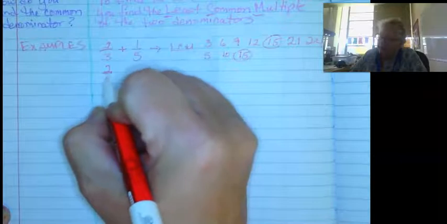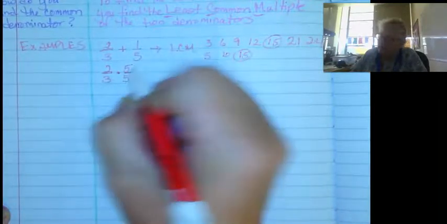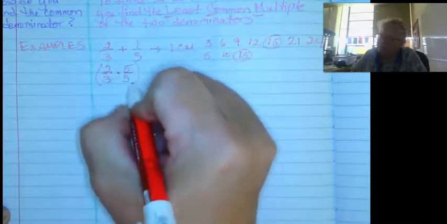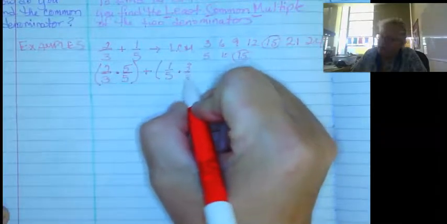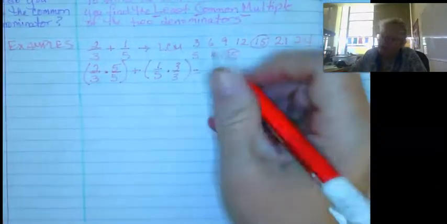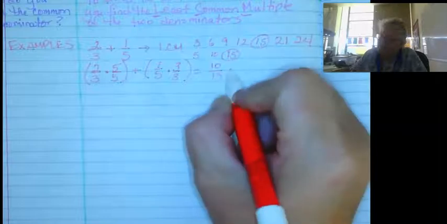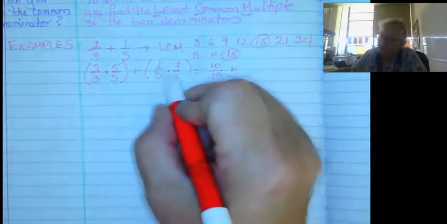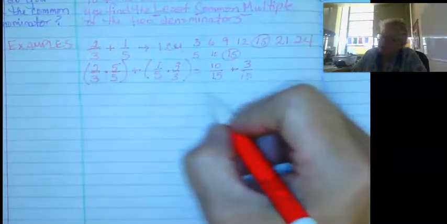So we take 2/3 and we're going to multiply it by 5/5. And then we add to that 1/5 multiplied by 3/3. And that gives us 2 times 5 is 10, 3 times 5 is 15, plus 3, 5 times 3 is 15.